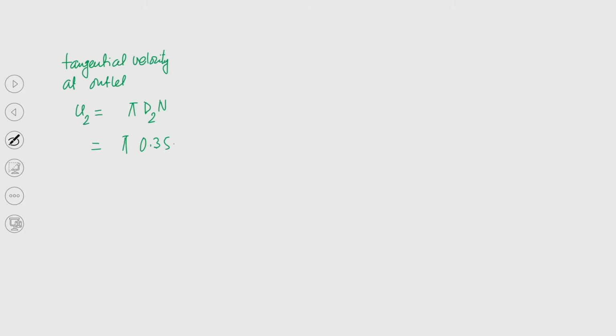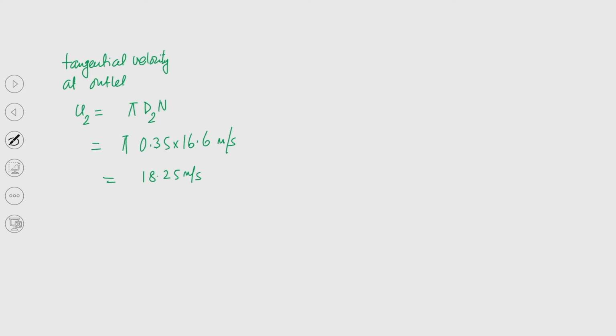So, that is pi into 0.35 into 16.6 meter per second. If we calculate it, we will get 18.25 meter per second. So, this is the tangential component of velocity at the pump outlet.